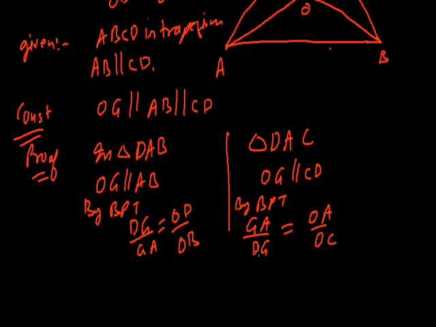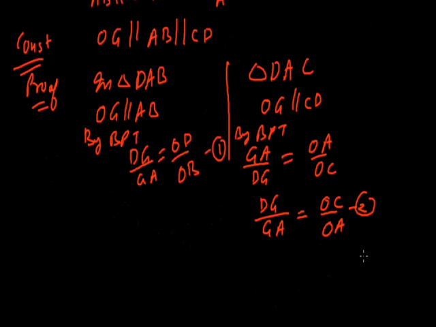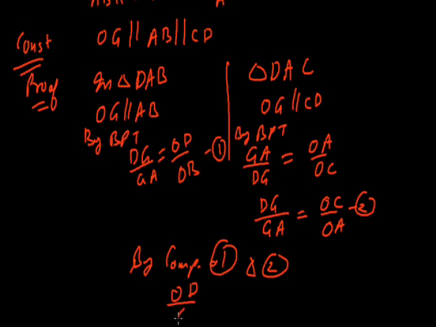Now we take the reciprocal of this. We get DG upon GA is equal to OC upon OA. Now let's say this is equation number 1 and this is equation number 2. Now by comparing 1 and 2, we see that their right hand sides are the same, that is DG by GA. So their left hand sides are also the same. So we can say that OD upon OB is equal to OC upon OA.